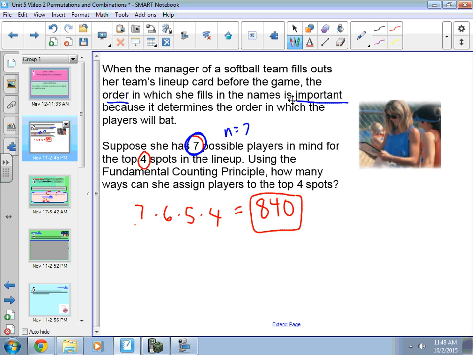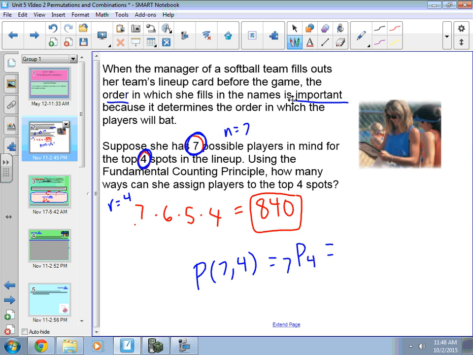And the number that we're picking from that total is 4, so r would equal 4. So if we use the permutation formula, we would have 7 picking 4 of those. Sometimes you can also write it like this, where the total goes first, P stands for permutation, and then we're choosing 4.